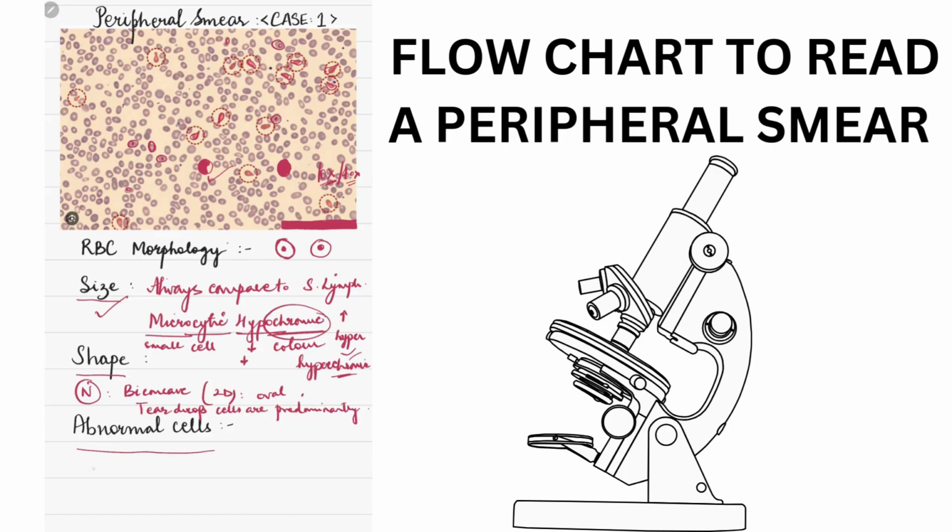So you can say that there is a moderate degree of anisopoikilocytosis. What is aniso? Difference in the size, variation of size. And poikilo is variation in shape.